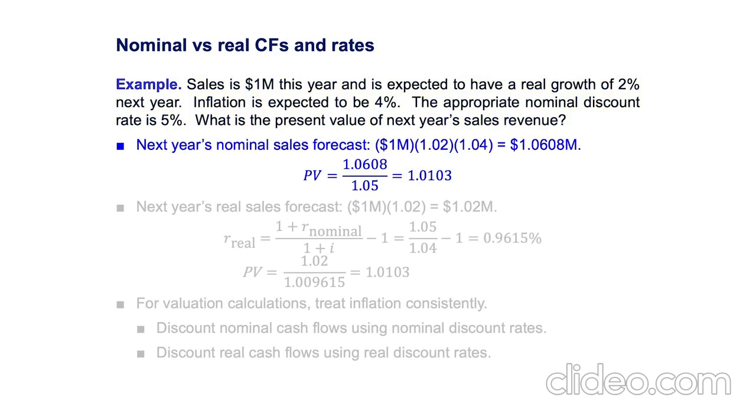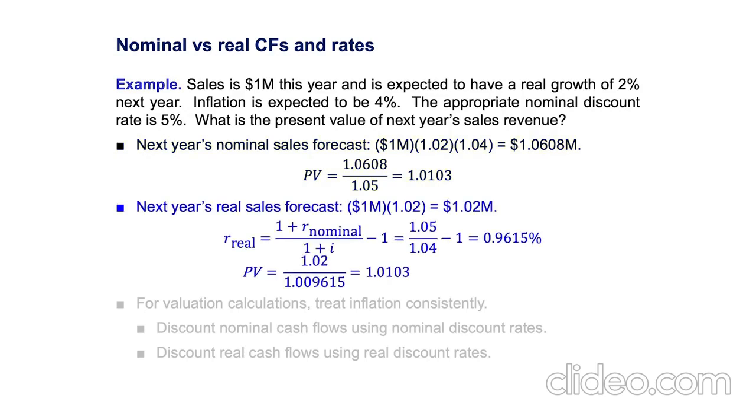From the information given above, next year's nominal sales forecast should be 1 million, which is sales this year, times 1 plus 2%, the real growth, times 1 plus 4%, which is the inflation. That gives us $1.0608 million in terms of nominal revenue next year. Its present value should be 1.0608 discounted at the nominal discount rate of 5%. That gives us $1.01 million in present value terms.